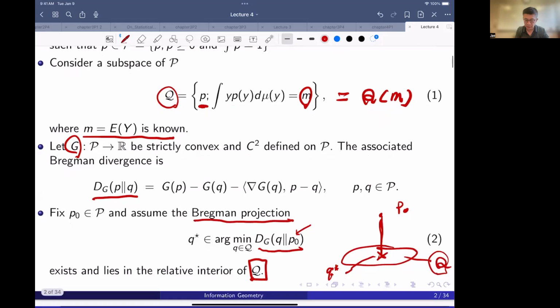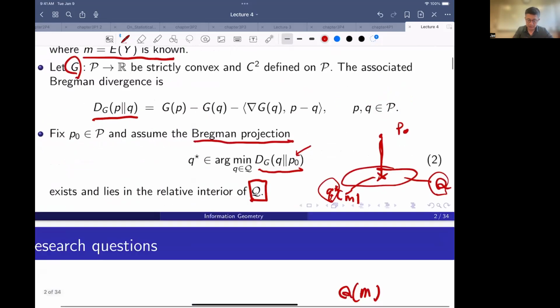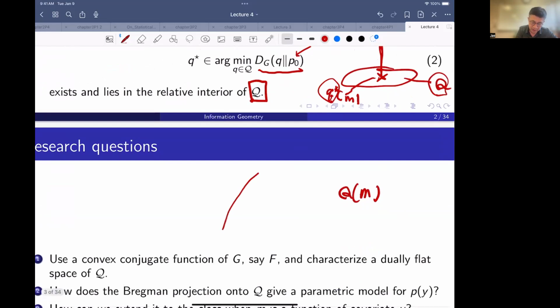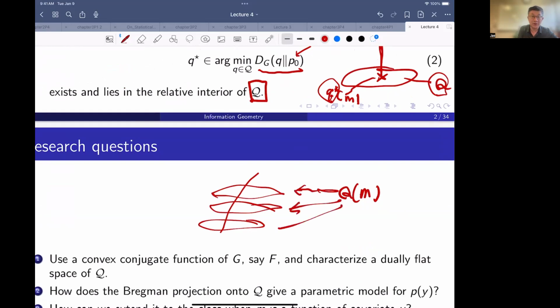That means your projection will change. So this projection is also a function of M. It's like you have several different Q spaces, layers, and this basically creates a path Q star, right?